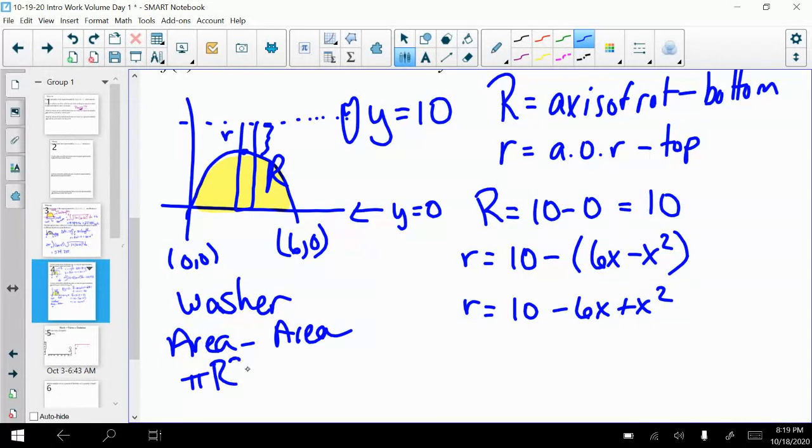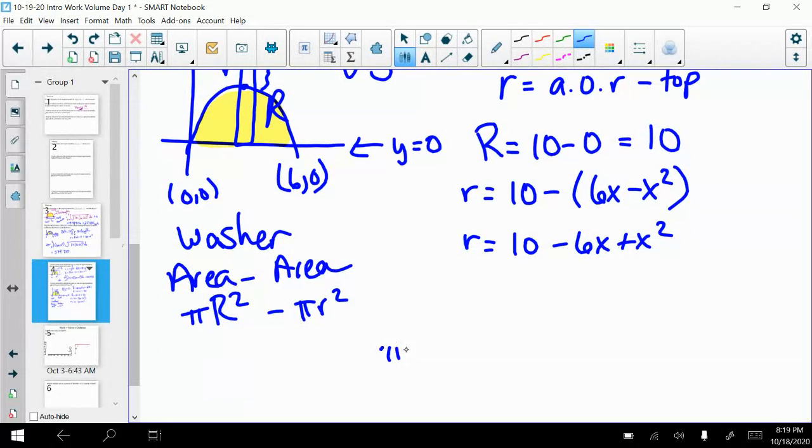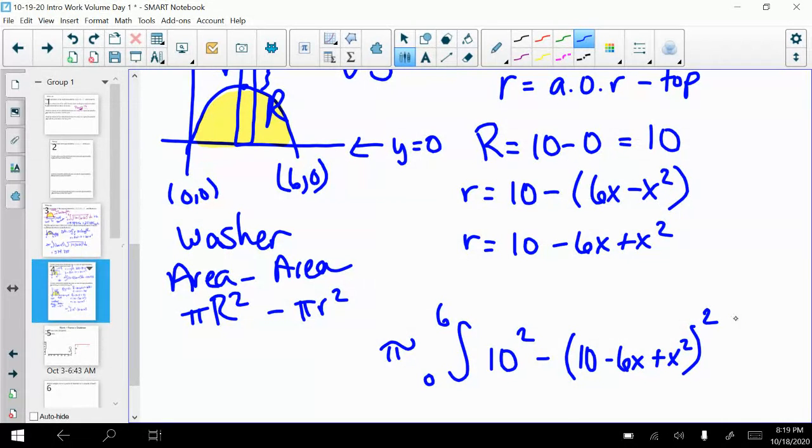So like pi R squared minus pi little r squared. So we have pi integral from 0 to 6, big R squared, which is 10 squared, minus little r squared, 10 minus 6x plus x squared, because I went ahead and distributed, squared, dx.